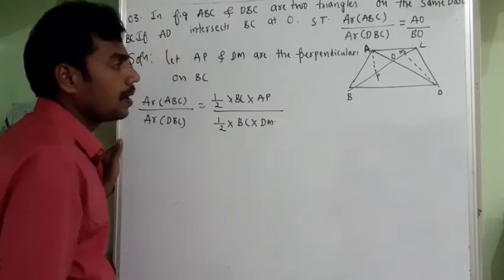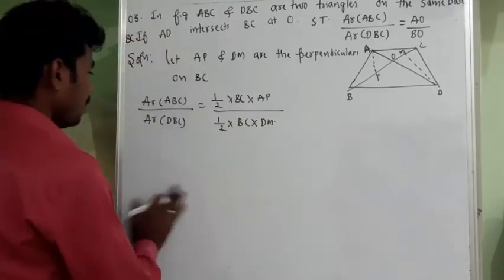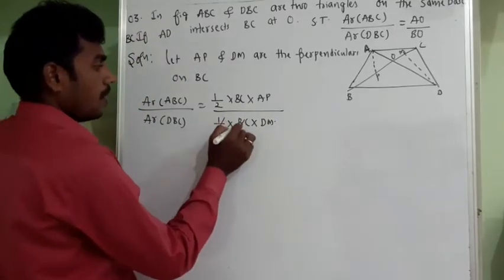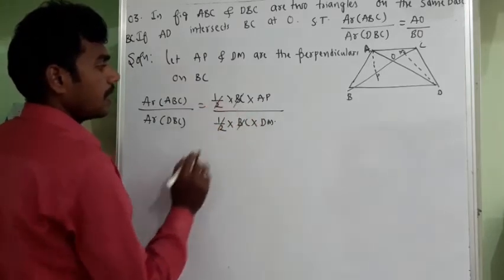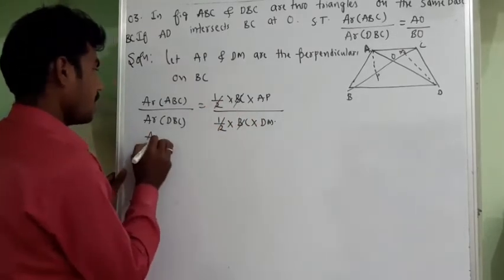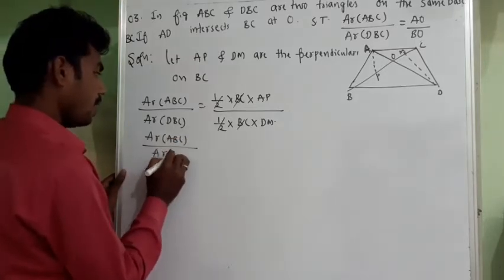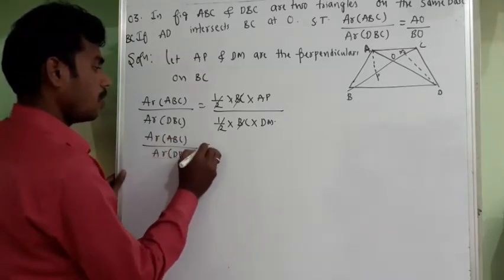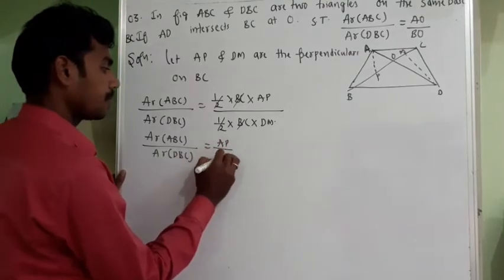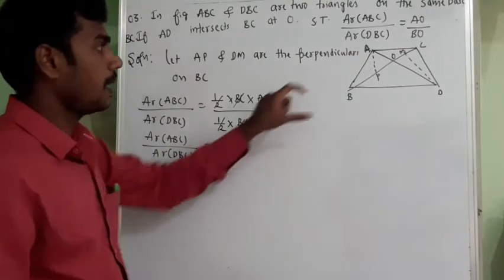Now BC will get cancelled. So area of triangle ABC divided by area of triangle DBC is equal to AP by DM.